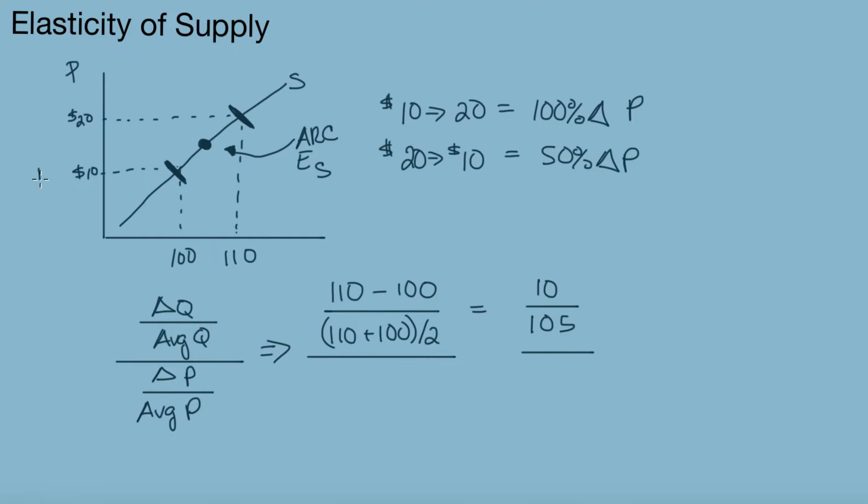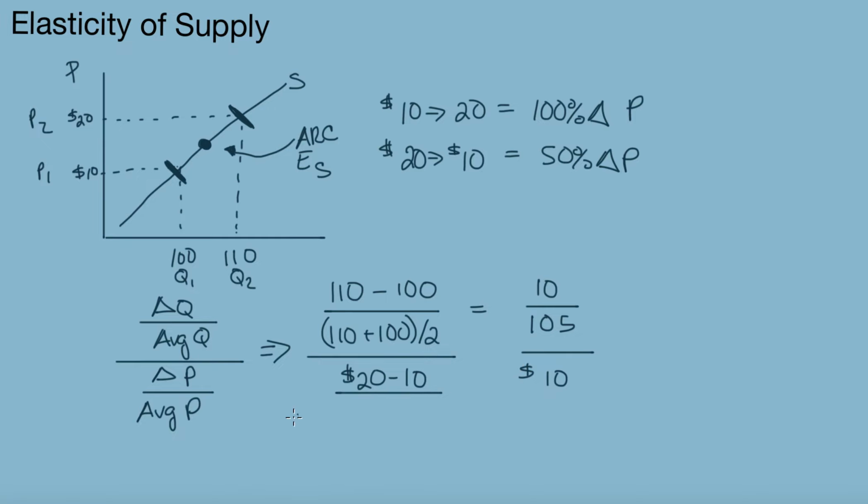So we can think of this as P1, P2. Q1 corresponds with P1, and Q2 corresponds with P2. So we can look at this as $20 minus $10, which we know is going to be $10 of a price difference, over the average price.